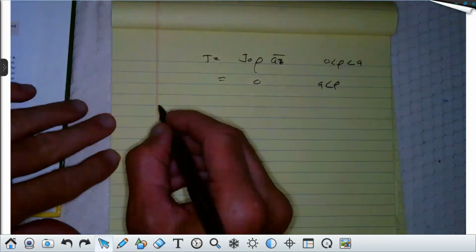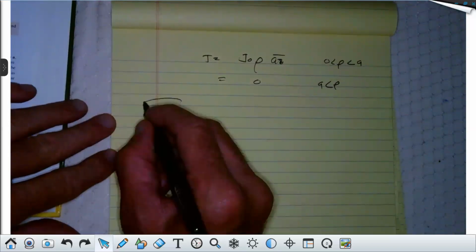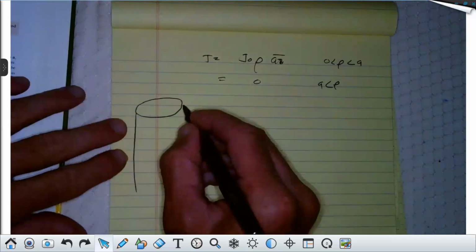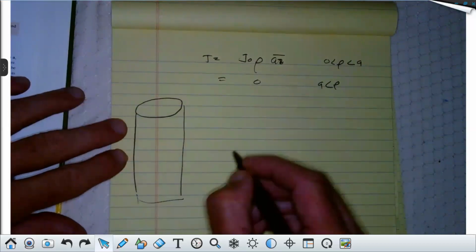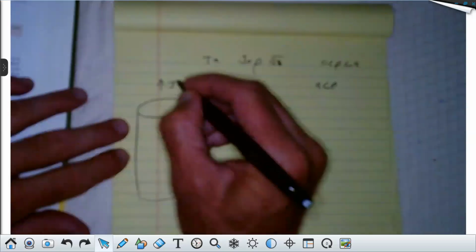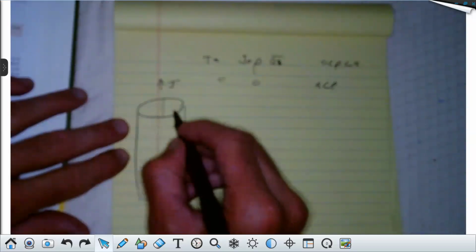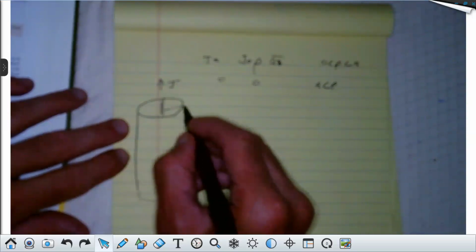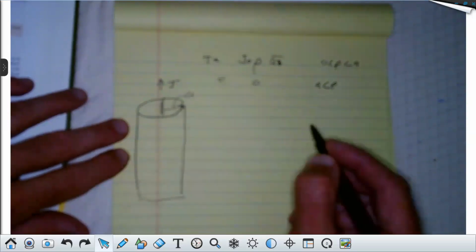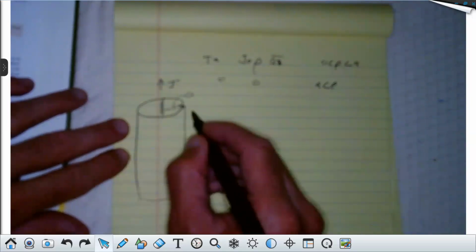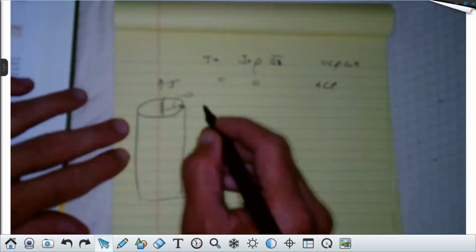So I'm going to try to draw this here. Basically, you've got a region like this. It's infinite, and you have this current density J, and it's true all the way out to a. And then beyond a, for radial distance beyond there, the current density is 0.